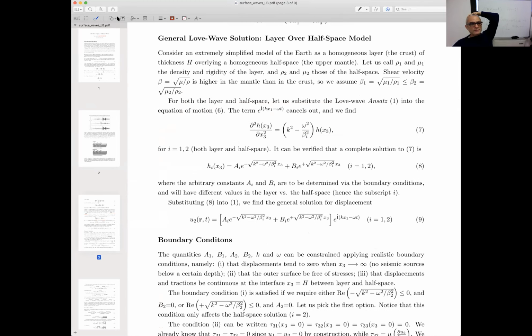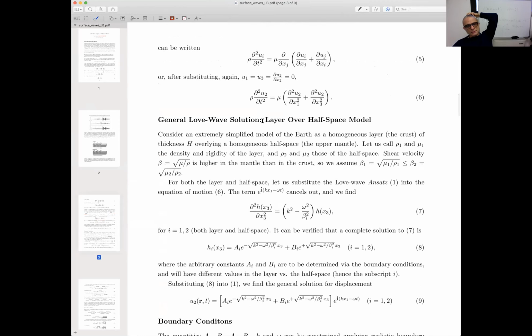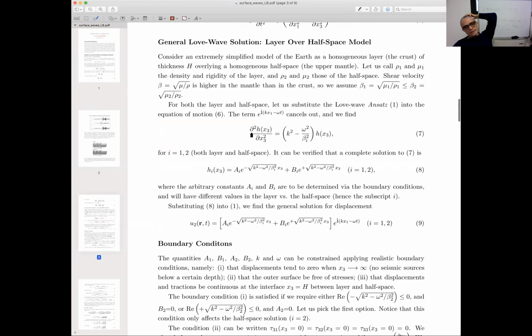Now, this is not the wave equation anymore. It's called the Helmholtz equation, in case you like to remember these names. But it doesn't matter. What this equation says is that we are looking for a function whose second derivative is proportional to the function itself.